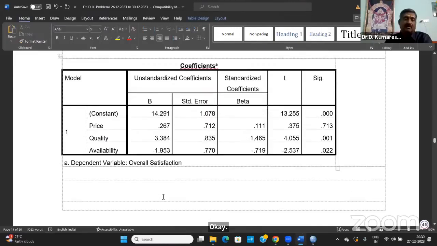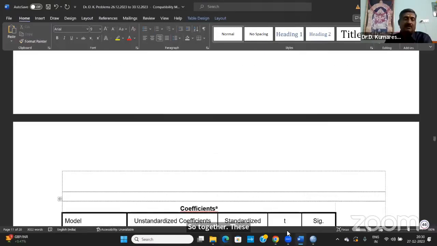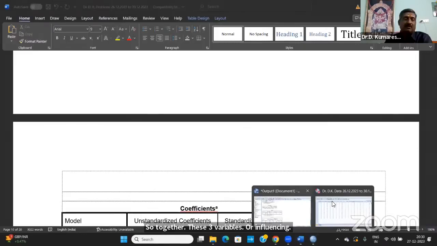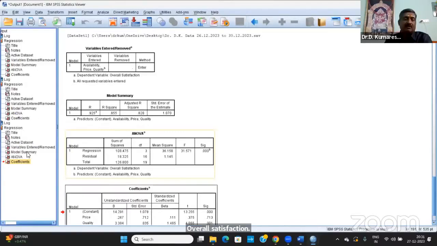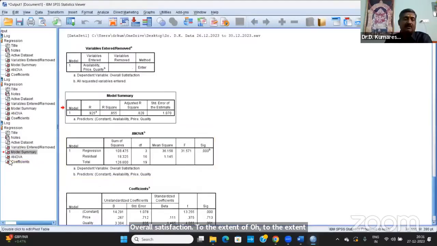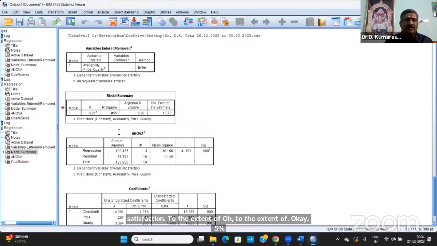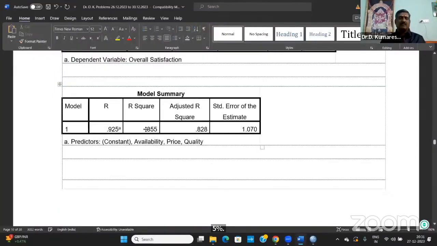So together, these three variables are influencing the overall satisfaction to the extent of 85.5%. The R value is 0.925.